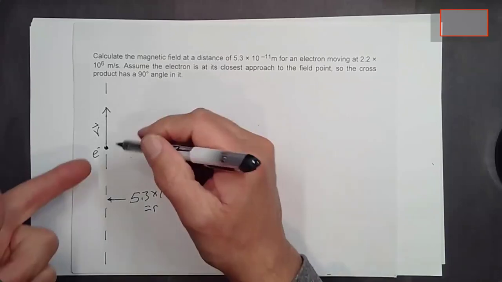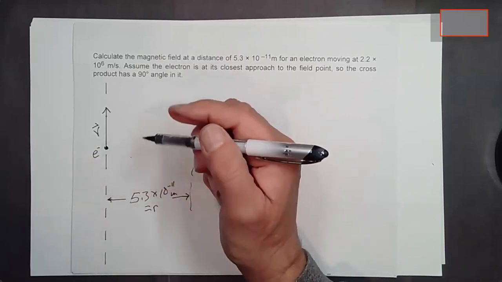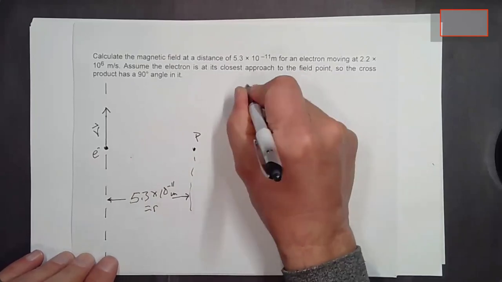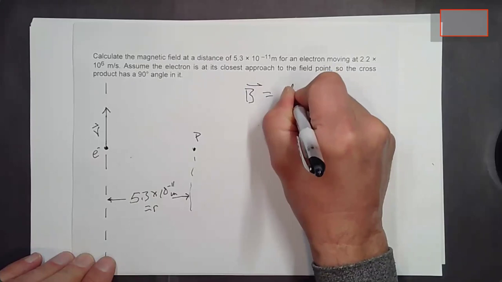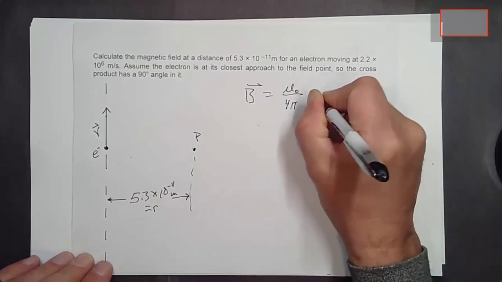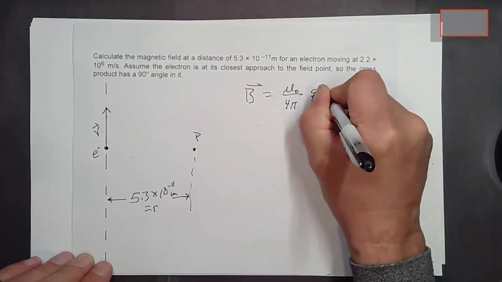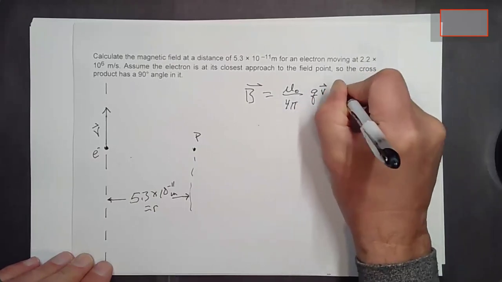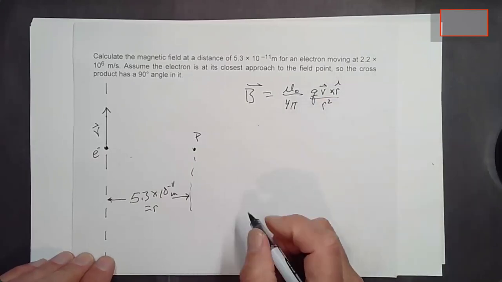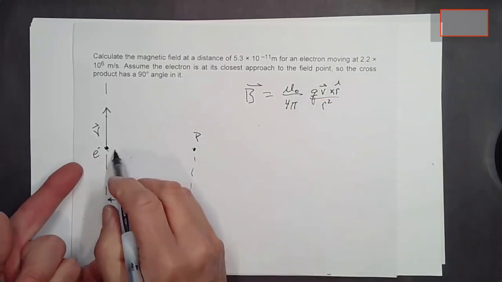And because this is just a point charge, the magnetic field of this is going to equal that expression for the moving charge, mu naught over 4 pi times qv cross r hat over r squared. Well, I've got enough information here.